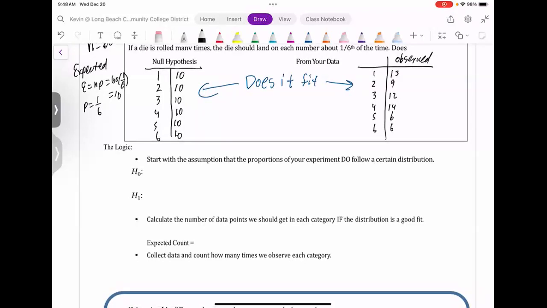All right, so start with the assumption that the proportions of your experiment do follow a certain distribution. So we're going to assume that there is a good fit, and then we'll have to analyze that.